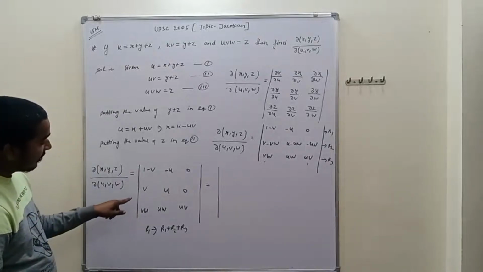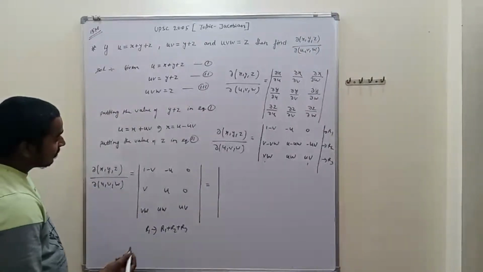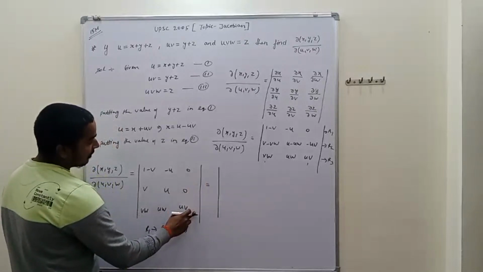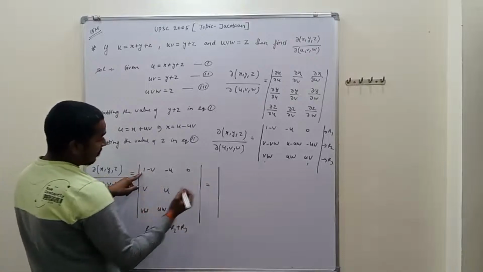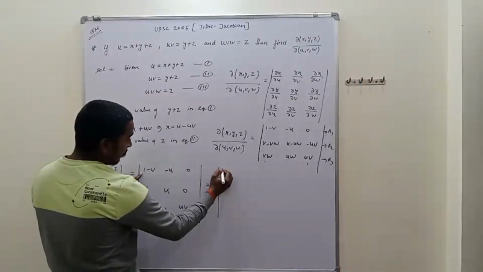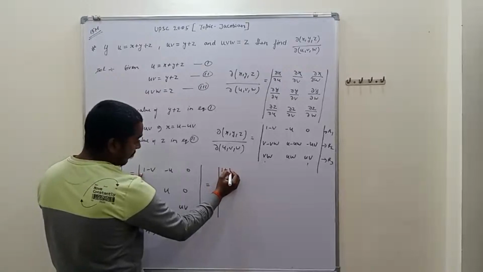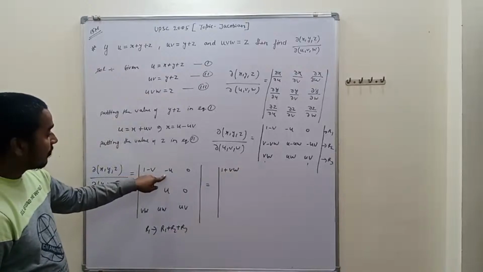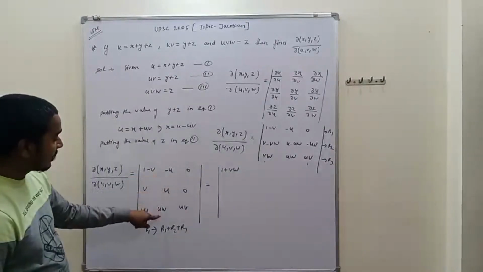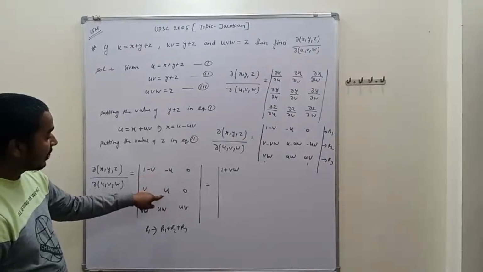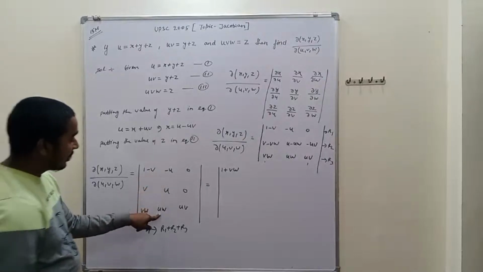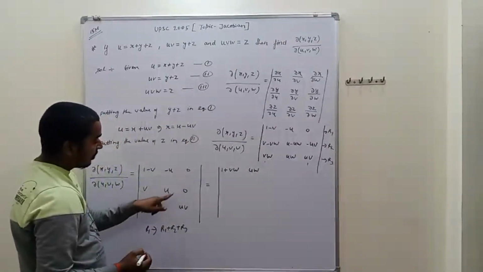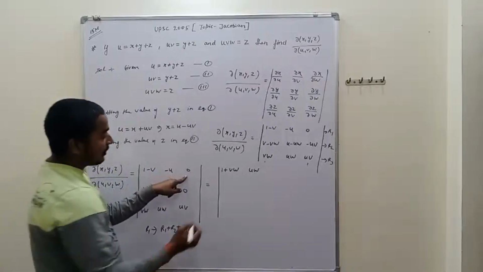Once again, this is R1, R2 and R3. That is 1 minus 1 plus VW, and for this, R1 plus R2 plus R3, that is R1 plus R2, UW cancels out, then the remaining is UW, and this is UV.